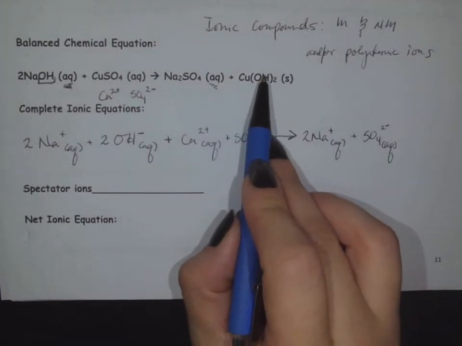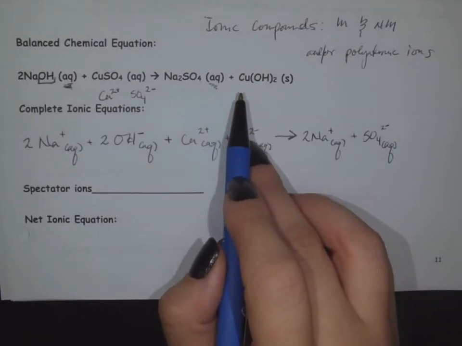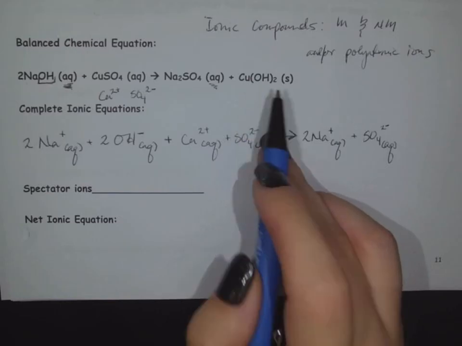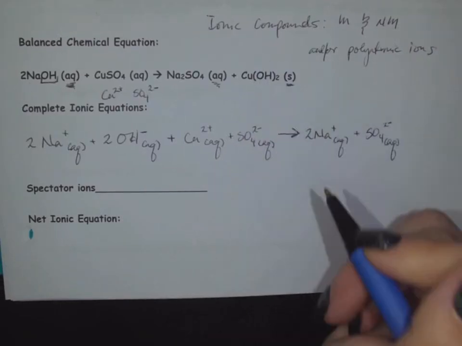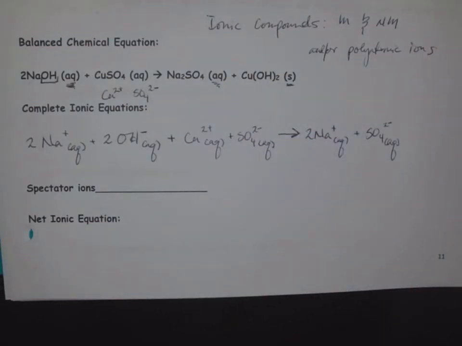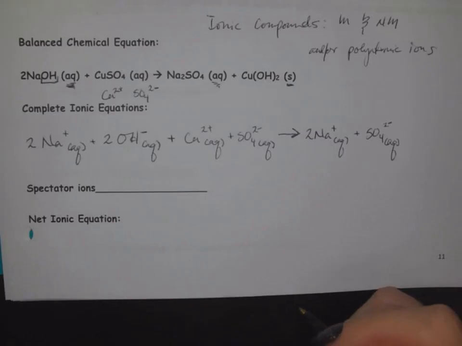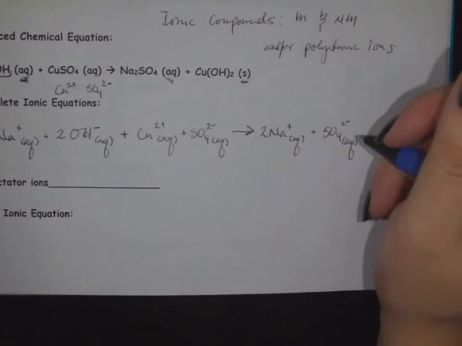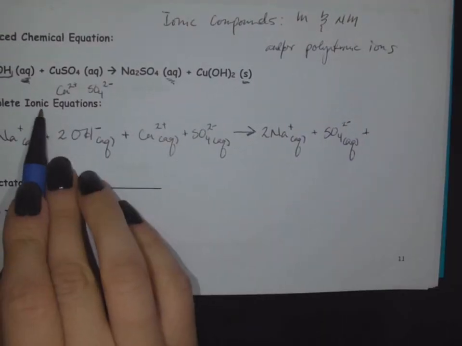Plus copper hydroxide, which is an ionic compound as well, a metal and a polyatomic ion, but it's solid. It's not dissolved in water. So when these ionic compounds are solid or liquid or gas, but I rarely see a gas, mostly see solids, sometimes liquids, then we do not break it apart in our complete ionic equation.